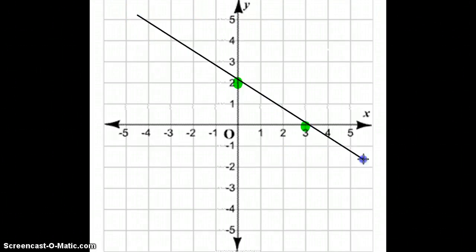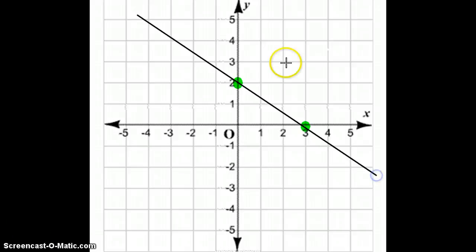Getting through those points, of course, I'm going to put my arrows on the ends of it. I'll label these points 3, 0 and 0, 2.